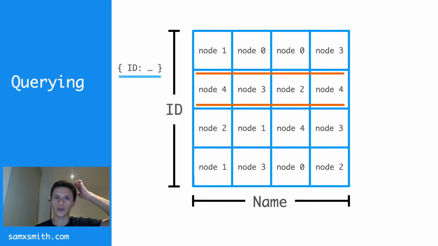And here's how we query. For example, if we want to query by ID only, we hash the ID just as we would with traditional sharding, and from that hash we can identify the row on which our record belongs. And this allows us to narrow down from all of the nodes that only a node in this row can have our record.